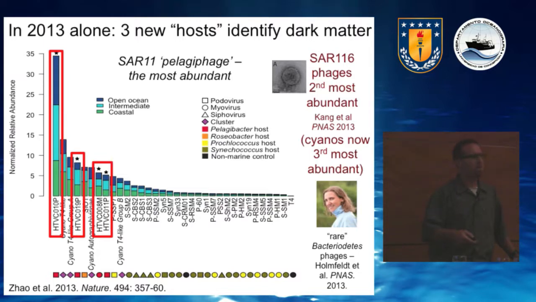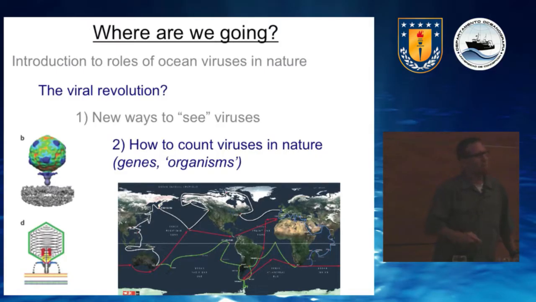I'm sure we'll find conditions where they're abundant eventually. So I think just in this year alone, we've gone from very naive to the most abundant and second most abundant now being represented, and a representative of the rare virosphere. So again, this is going to be very exciting. We're going to learn how to see already, and now we're going to learn how to count.